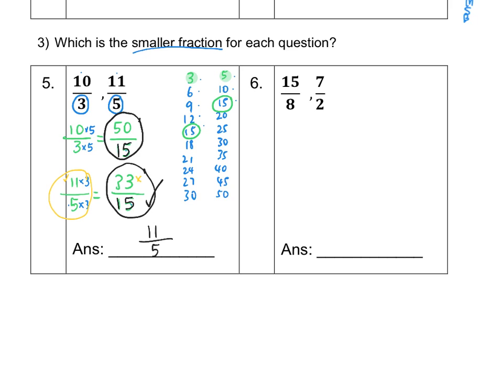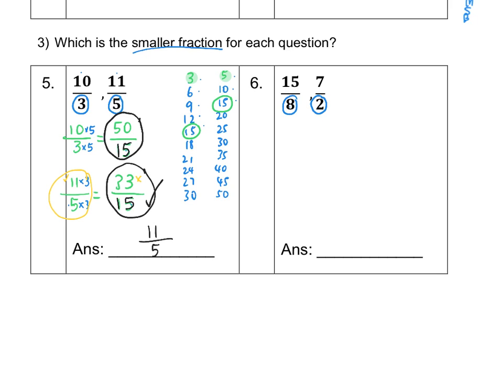Okay, now let's go on and look at question number 6. Question number 6, similarly, our aim is to make sure in order for us to compare, the denominators must be the same. Can you make a guess? What should I change both denominators to so that they are the same?